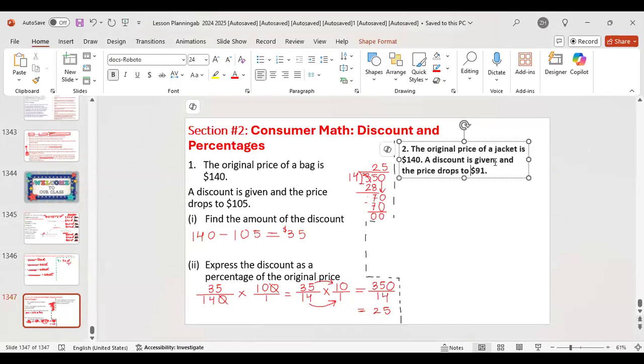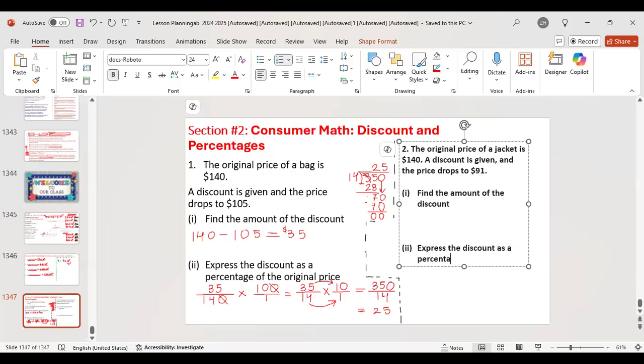The discount is given and the price drops to $91. First, we want to find the amount of the discount. And then the next part, I want us to express the discount as a percentage of the original price.